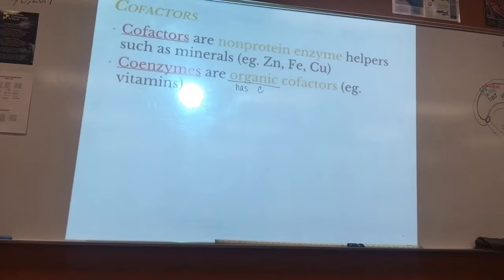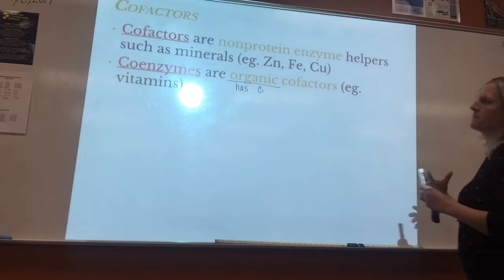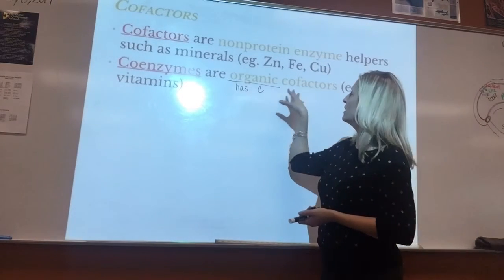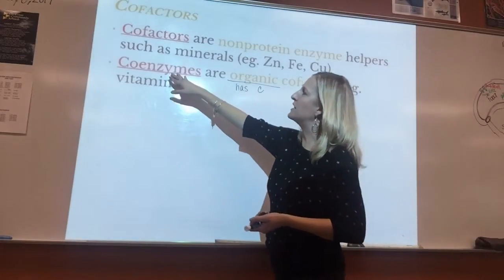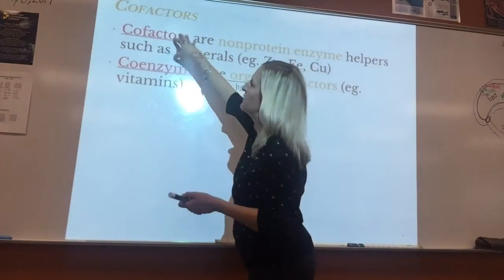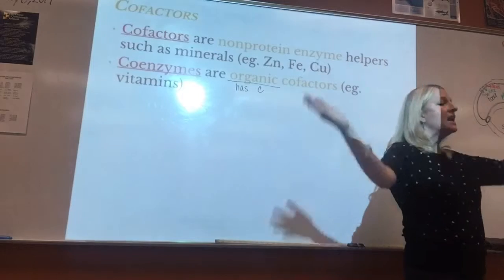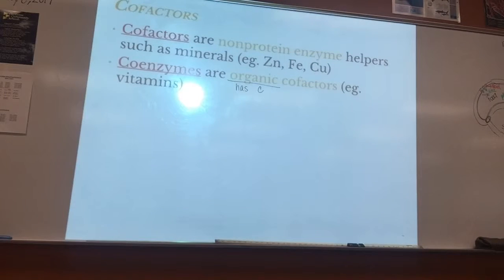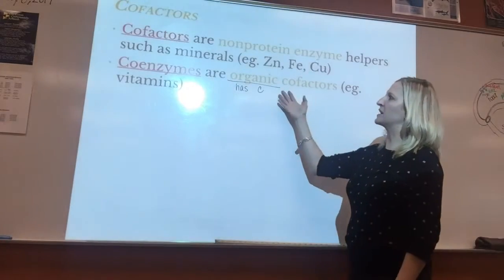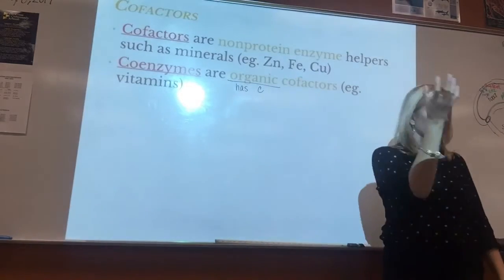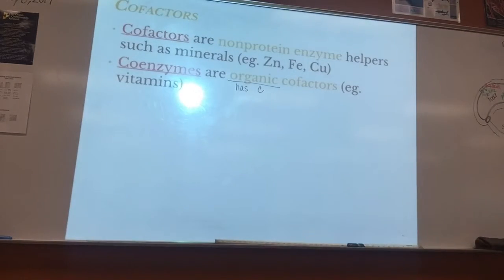So a lot of vitamins are organic cofactors. The coenzyme is just a special name for a type of cofactor. A cofactor is something that is needed by an enzyme to work properly, and a coenzyme is if that thing is organic. Zinc is not organic, so it does not have carbon in it, but a lot of vitamins are.